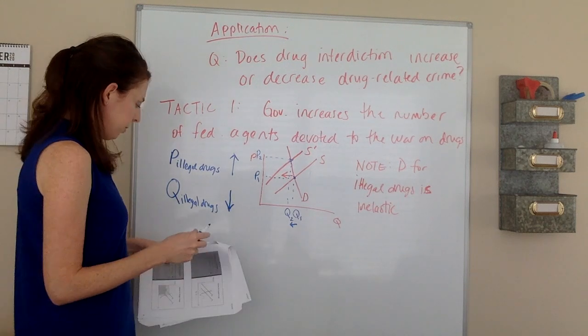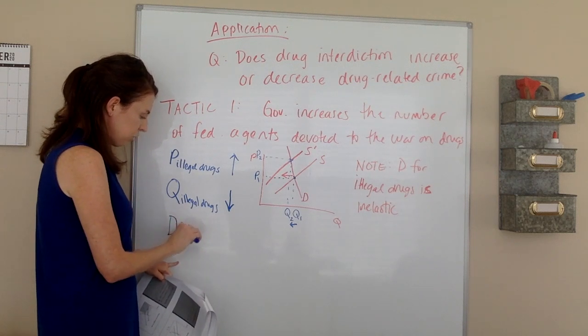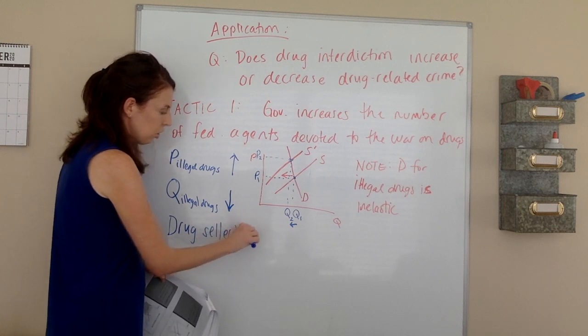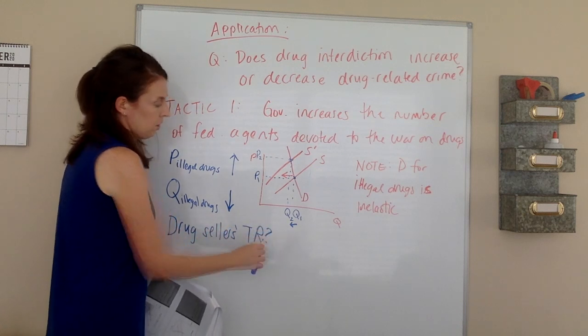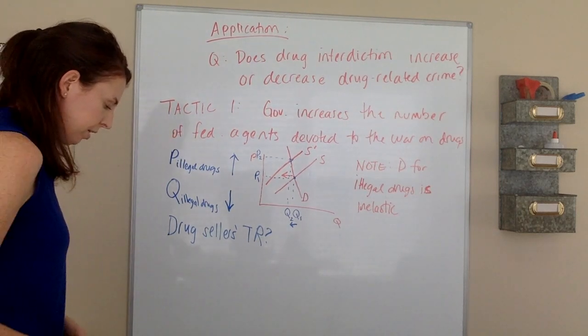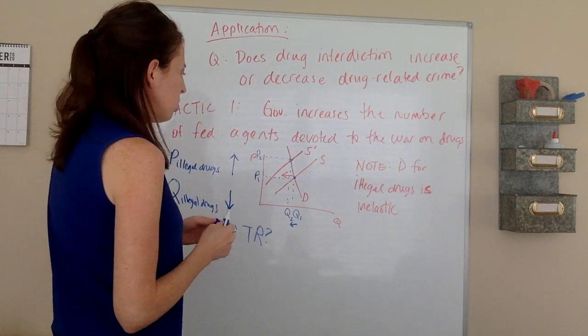Okay, here's the last thing that I want you to think about. What about drug sellers' total revenue? Okay, here's where things get interesting. Recall that total revenue equals price times quantity.